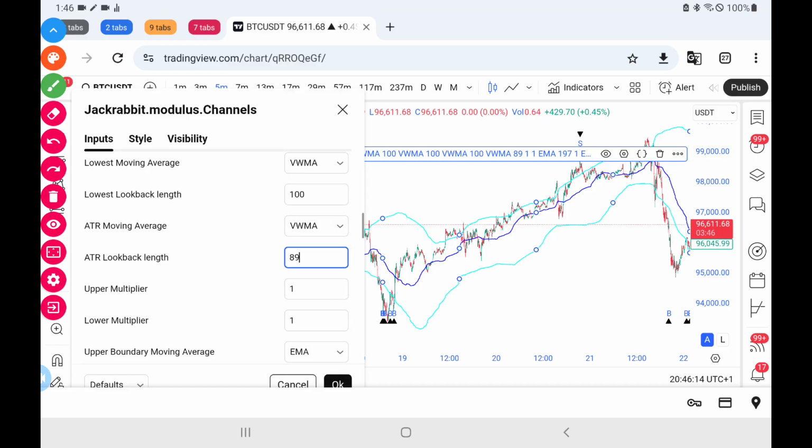And in a few seconds, the chart is going to update and we have our look back. Now, the interesting part with the average true range is we have a multiplier for the upper and lower boundaries. That multiplier is a factor.